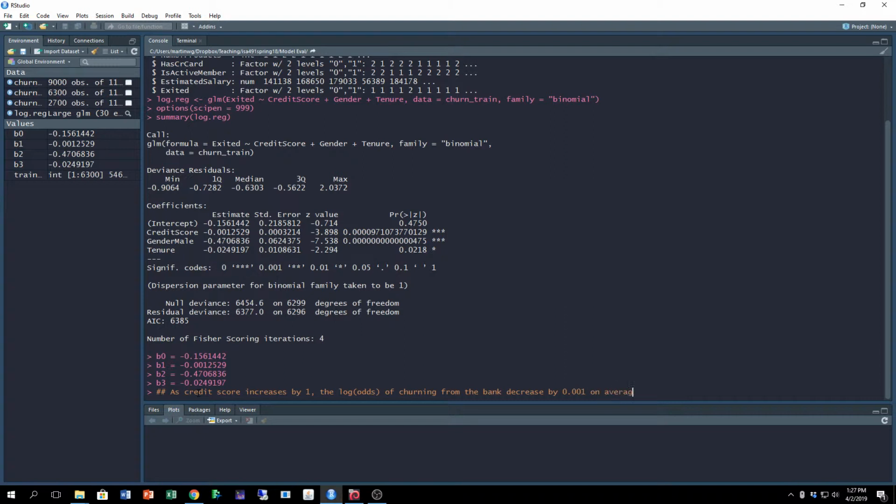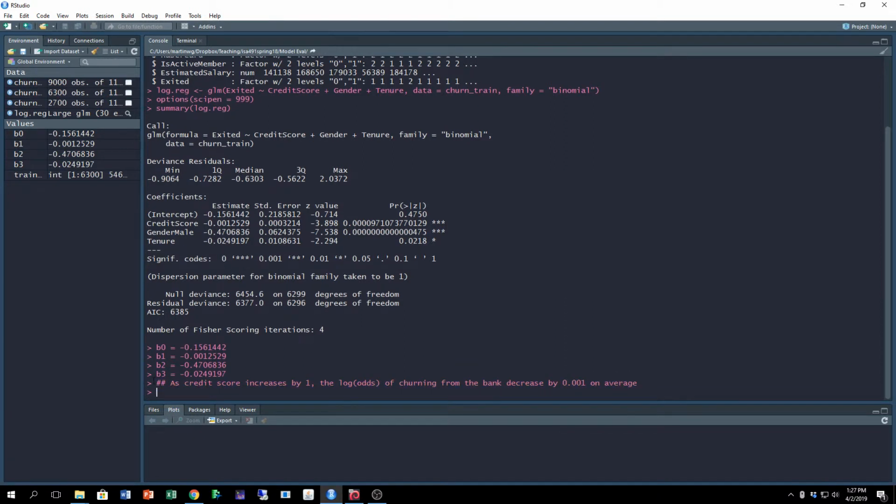Now, the problem with this interpretation is that it is not so easily understood. When we talk about the log odds of churning decrease, it is not something that an executive would probably understand very easily. So sometimes we would prefer to look at the odds as opposed to looking at the log odds in terms of interpretation.